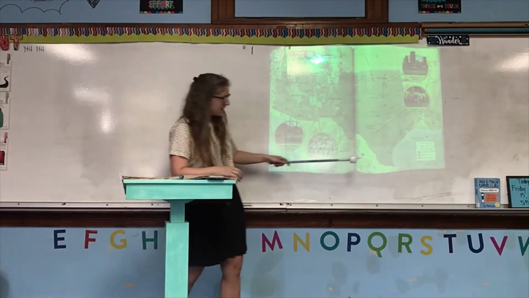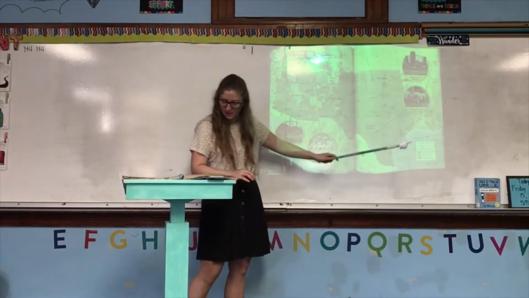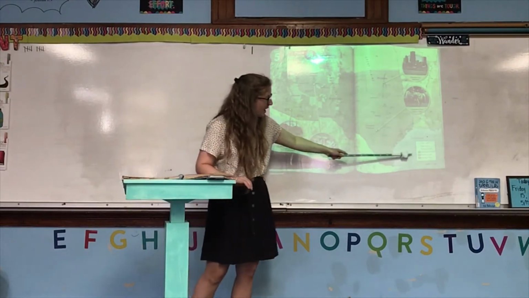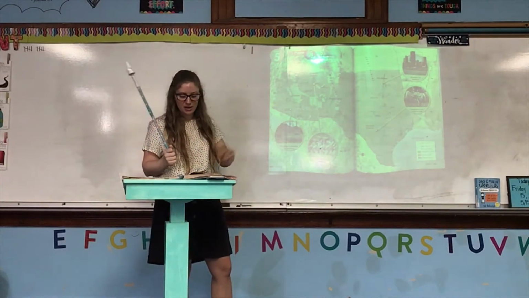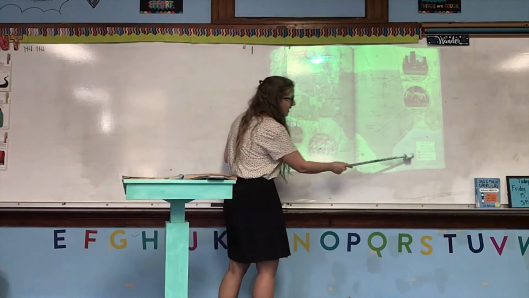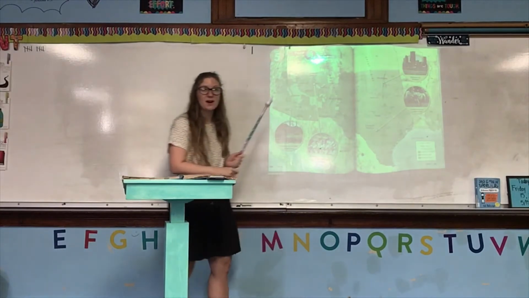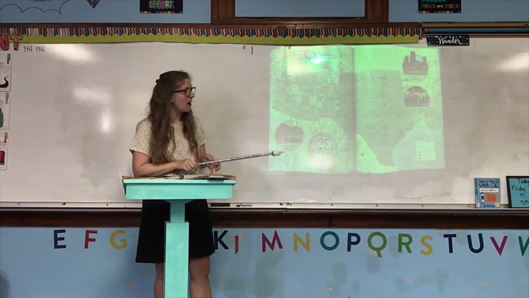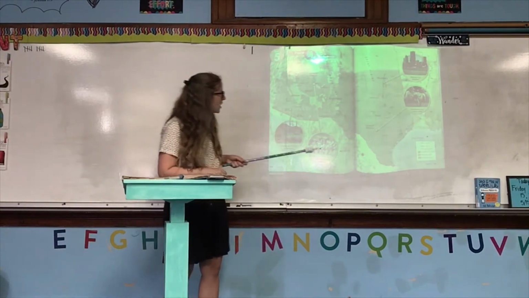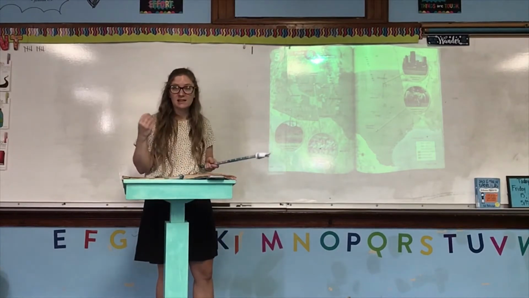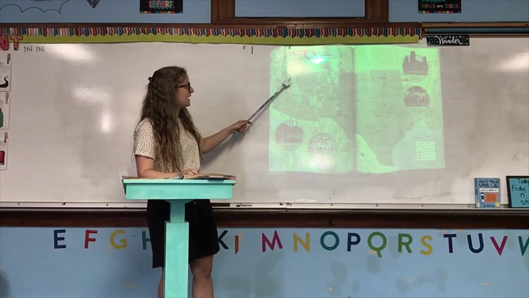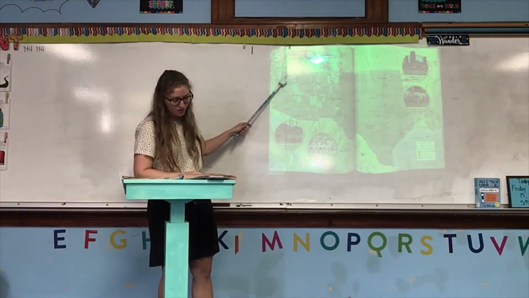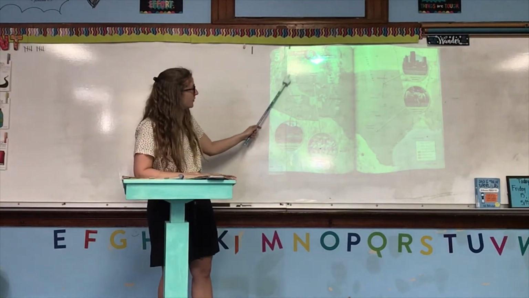We can also see that there are a few national parks that are marked with this lighter green, which is different because normally we're used to seeing it in the dark green, but this lighter green marks some national parks. We do have quite a few national parks in the Southwest. We have probably one of the most famous national parks, the Grand Canyon, up in northwestern Arizona.